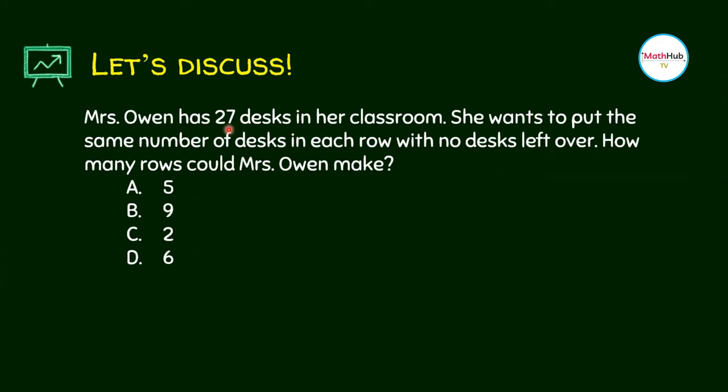And what is the answer there? The answer is letter B, because 9 can divide 27. Okay, because it says here that there is no desk left over. So meaning to say there should be no remainder.